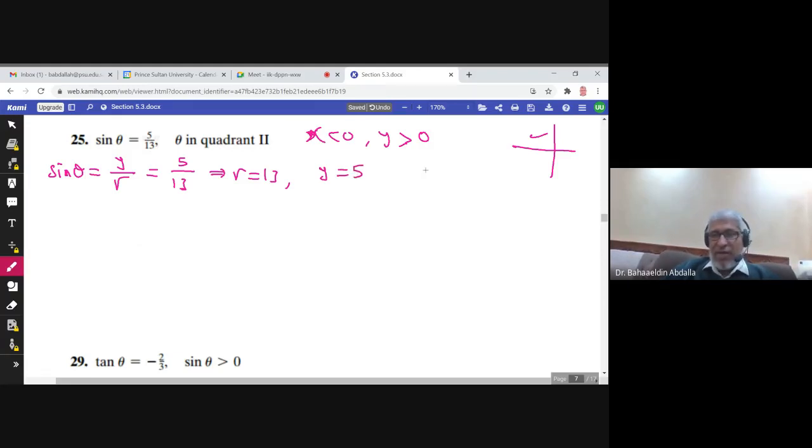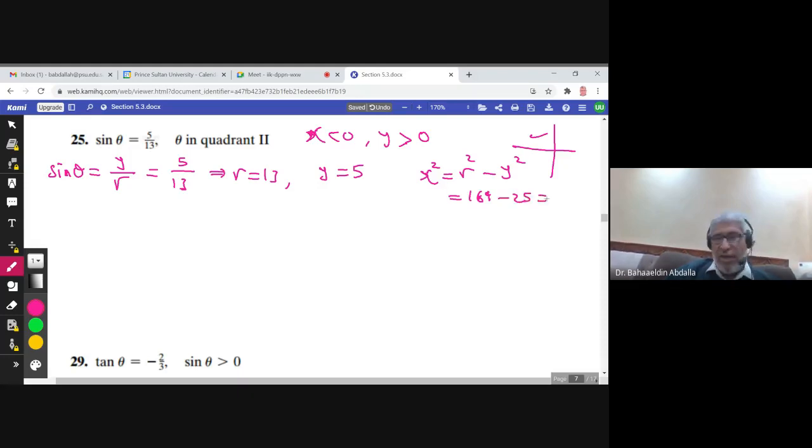Now, how to find x squared? X squared is r squared minus y squared, because r is the largest one. So it is 13 squared, 169, minus 25, and 169 minus 25 is just 144.